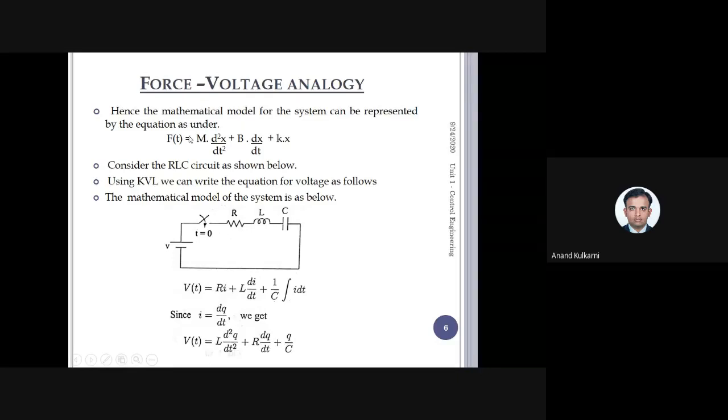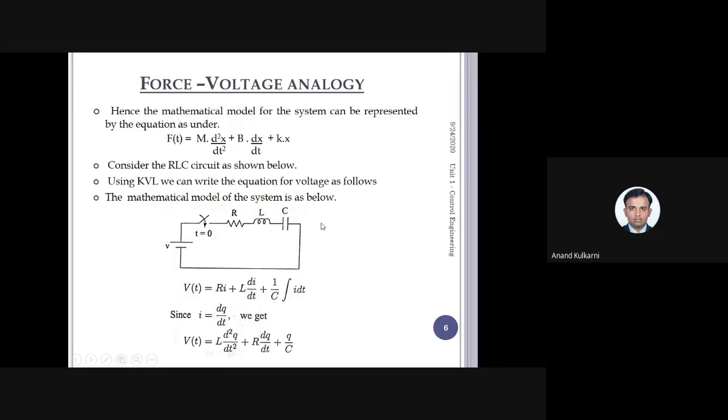If I have a mass term, the corresponding equivalent term in the electrical system will be an inductor. If I have a damper, the corresponding equivalent term in the electrical system will be a resistor. If I have a spring, the corresponding equivalent in the electrical system will be a capacitor. Hope this is clear; I'll just explain once again.